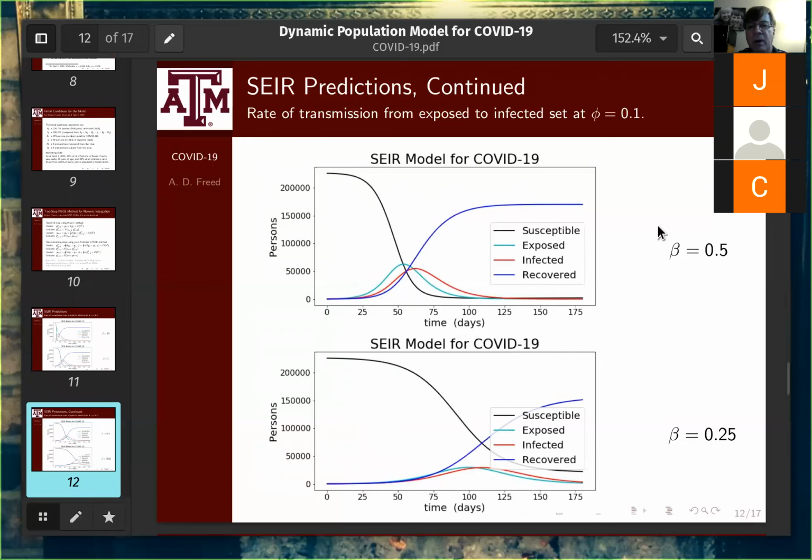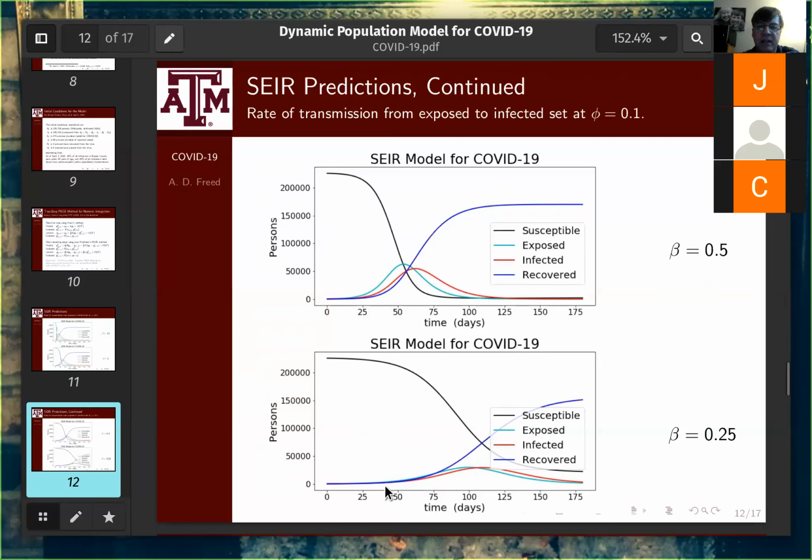So now we're going to go from having one interaction to having an interaction with another person every other day or every 4 days. And what you'll notice as the number of person-to-person interactions drops is that the curves shift to the right, and the number of infected and the number of exposed diminish.